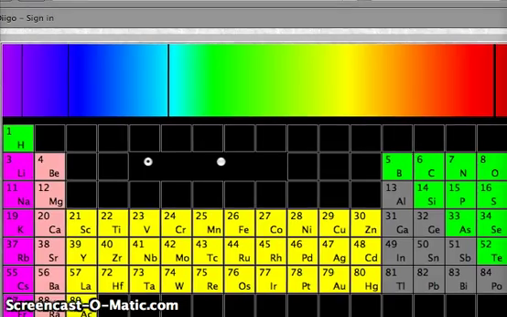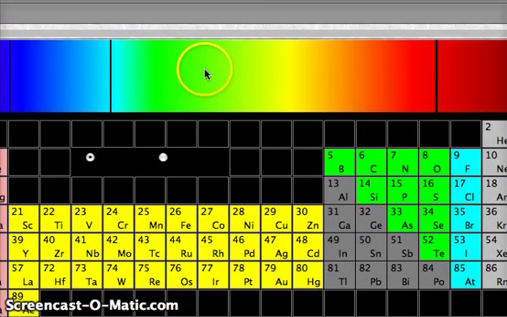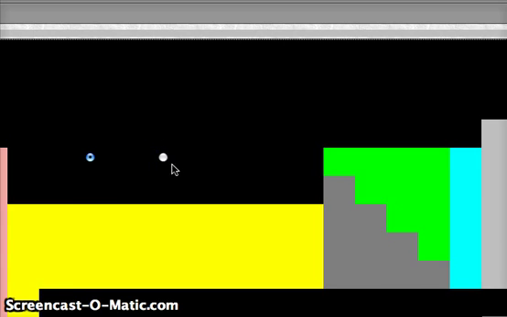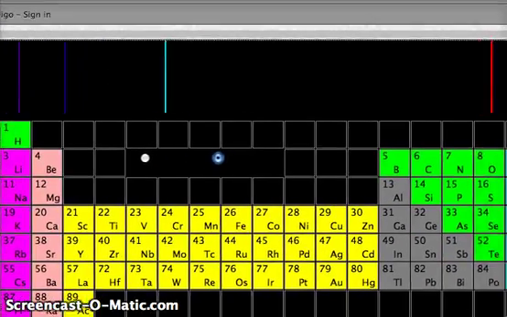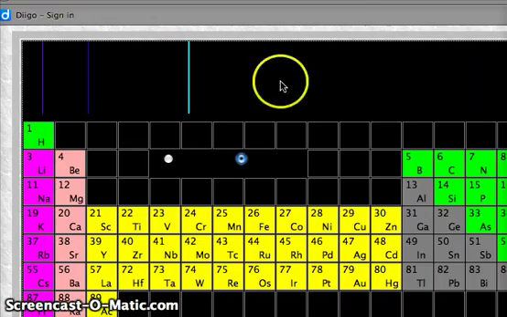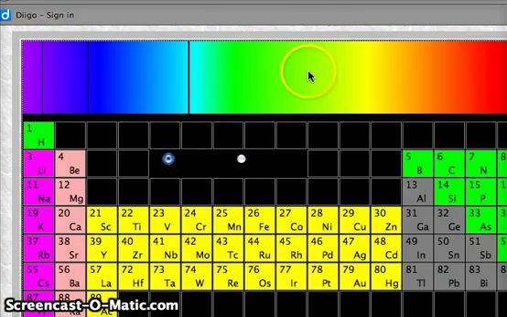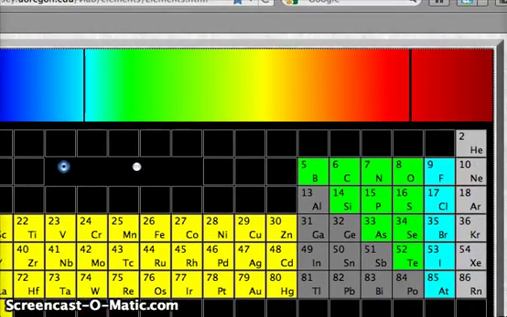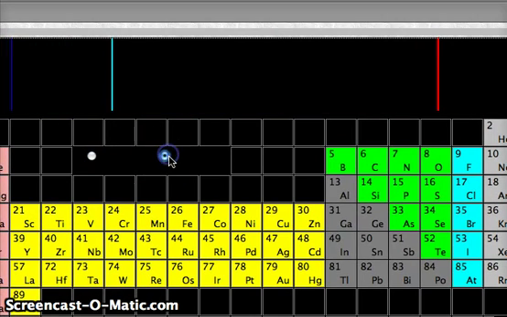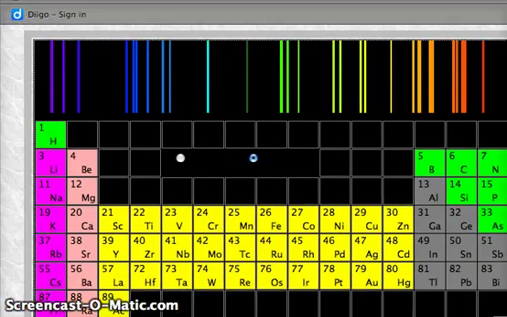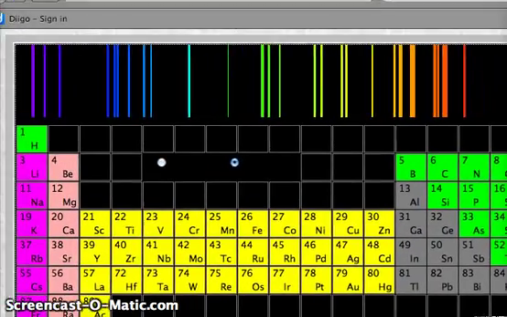So what you can see is we are looking at black lines. As soon as I shift to this side, I see what's known as emission spectra. Okay, and that's where you see just the lines of color. Notice how these lines of color correspond with where these black areas were in the complete spectra. This is what's known as absorption, which we're going to talk about next, and then this is the line emission. Notice it doesn't matter what element I click on, each element has a very unique spectra.